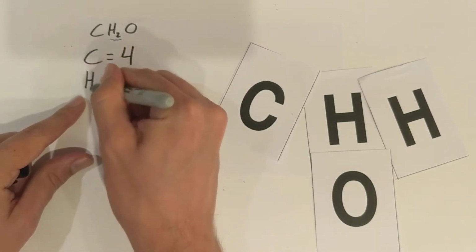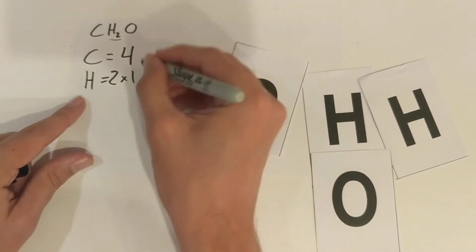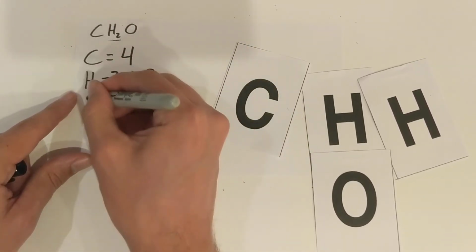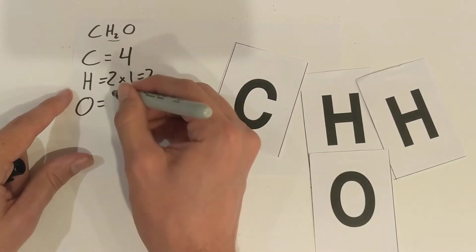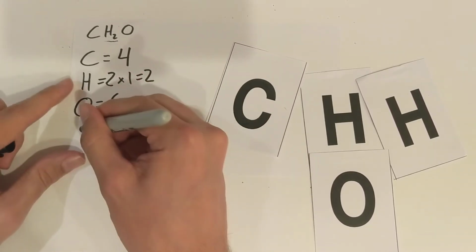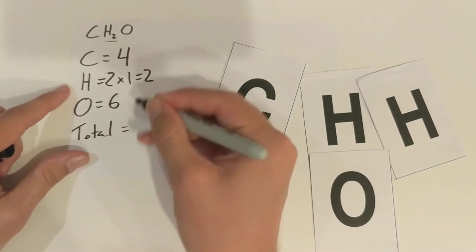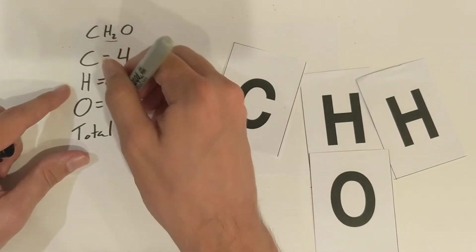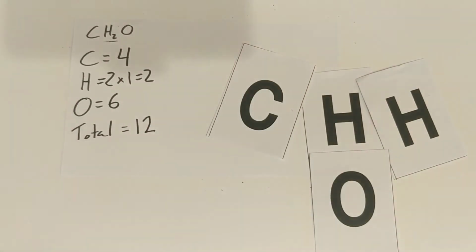And they each have 1 valence electron. So that will be 2 total. And our oxygen, we have 6. So our total amount of electrons, 4 plus 2 is 6, plus 6 is 12.